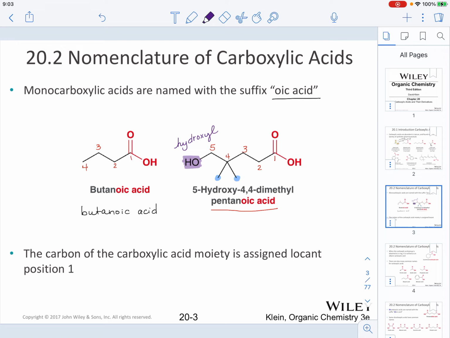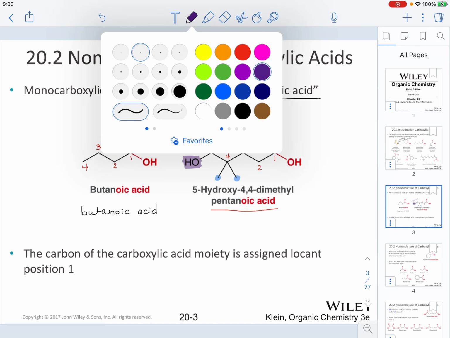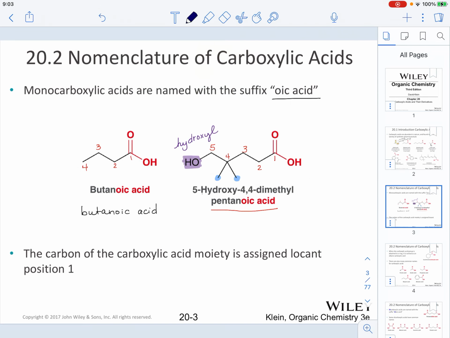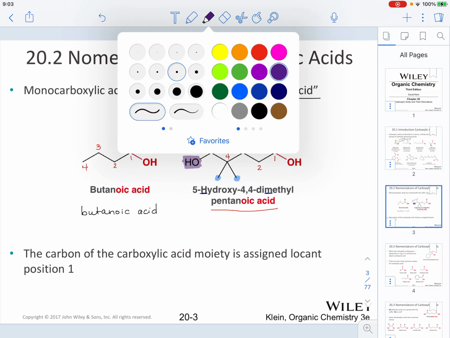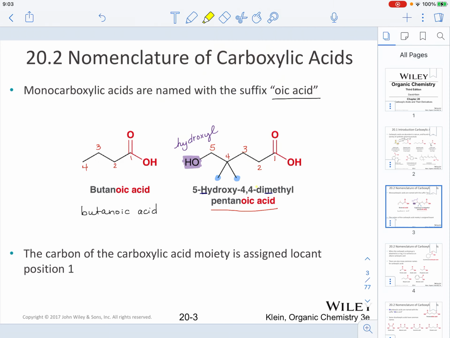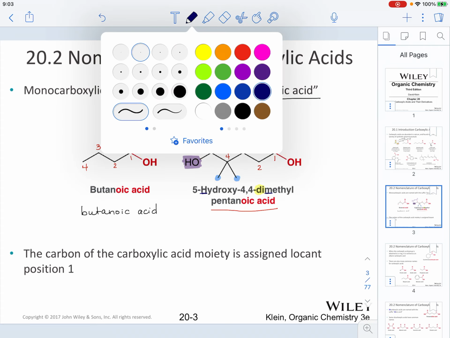So when we are alphabetizing this, remember, we are comparing the H to the M in methyl, because the prefix that is utilized to signify that we have more than one of the same substituent does not get alphabetized.